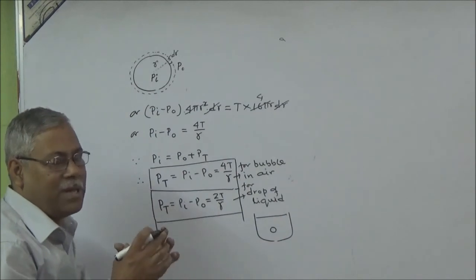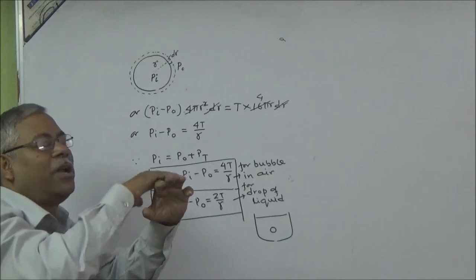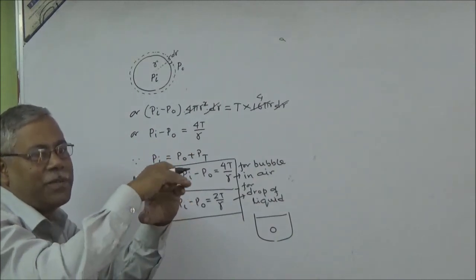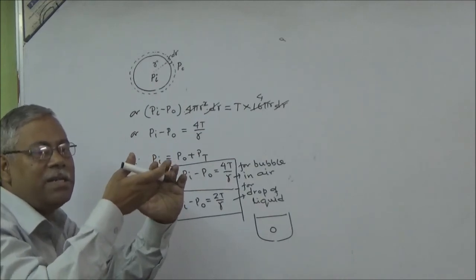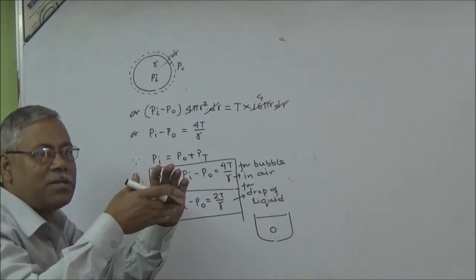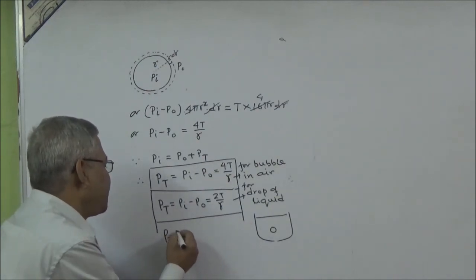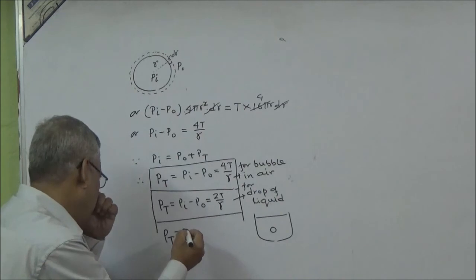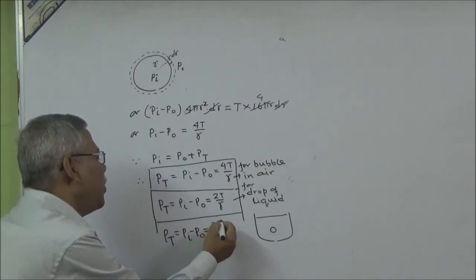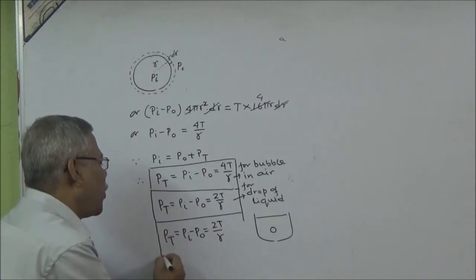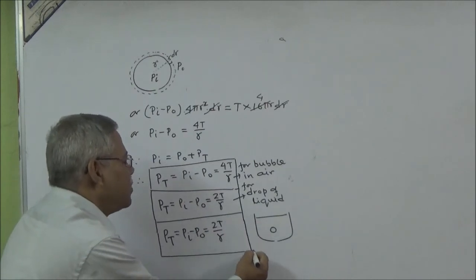Outside all water, so there is no surface outside. There is an interface only inside. So that's why PT equal to Pi minus Po equal to 2T by R. This is for an air bubble in water.